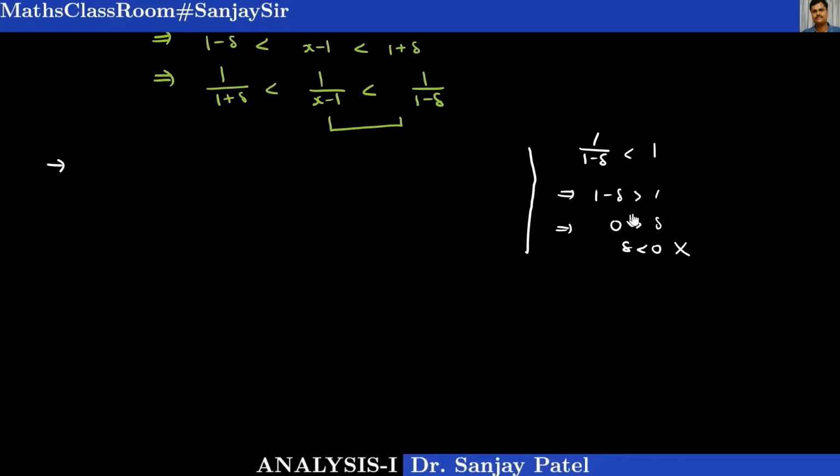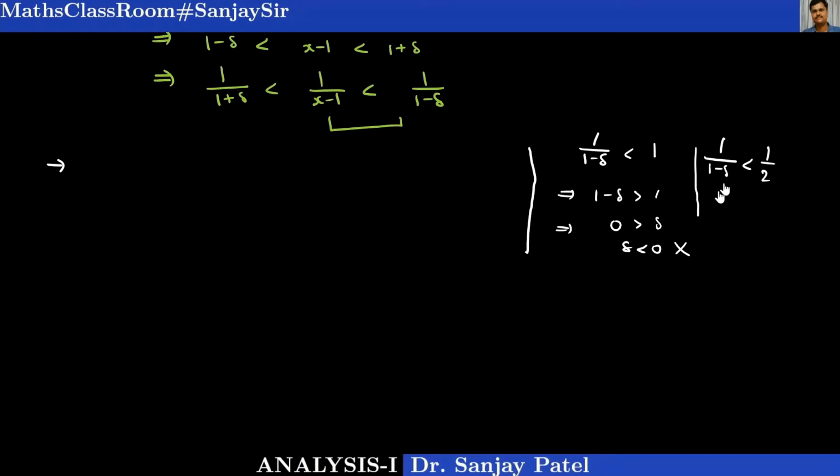Let us try something else. Another idea is you can take 1 upon 1 minus delta less than 1 by 2 or 1 by 3, something like that. You can try some different values.